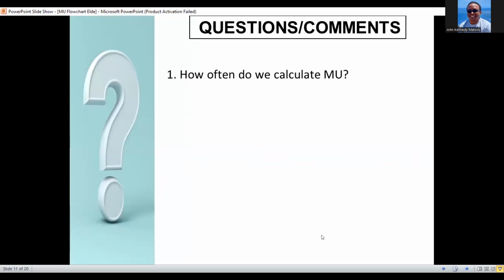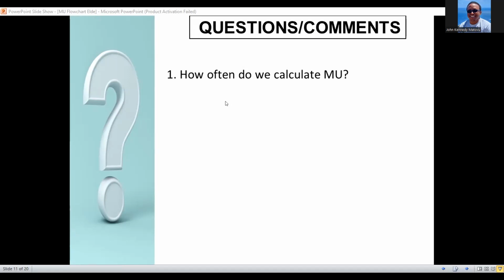All right, there was a question, and I'm almost done. Bear with me. By the way, I may go over a bit, but it's worth it. How often do we calculate MU? This was a question raised last office hour. Now, is there somebody who can help me? How often do we calculate?